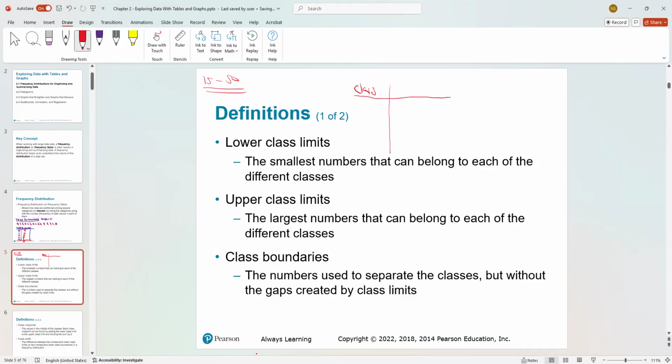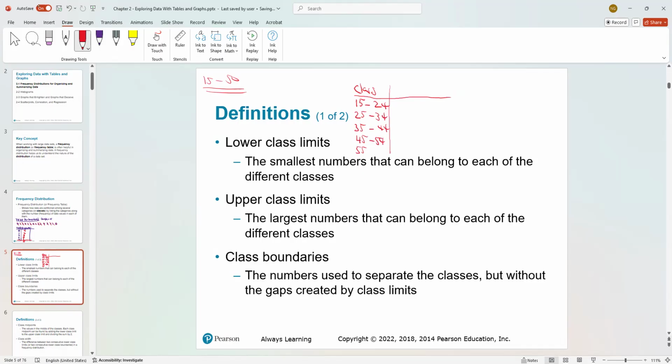In this case, it's better to construct class intervals. So you can take all students from 15 to 24, so we know the next would start at 25. 25 plus 10 makes 35, so we make this one 34. 35 plus 10 is 45, so we make this one 44. 45 plus 10 would be 55, so we make this one 54.